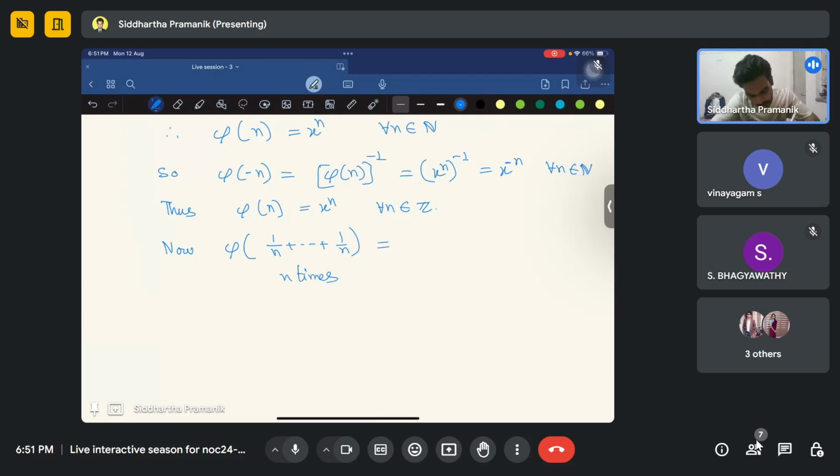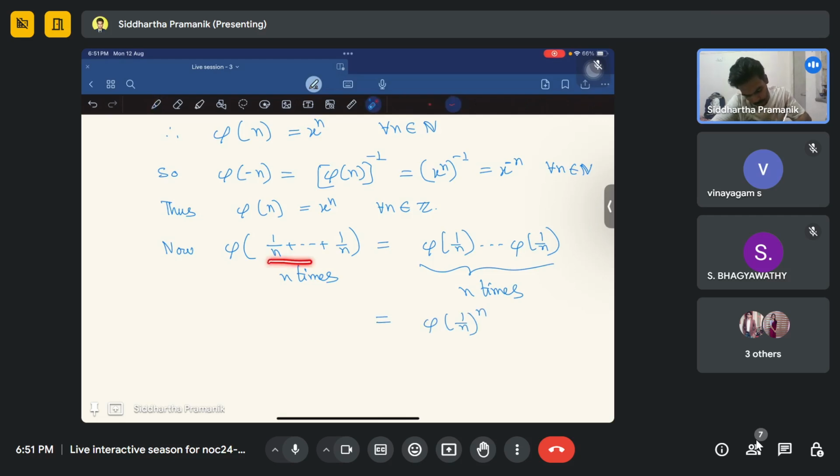So this is the same as phi of 1 by n product with phi of 1 by n, n times. So this is the same as phi of 1 by n, power n.